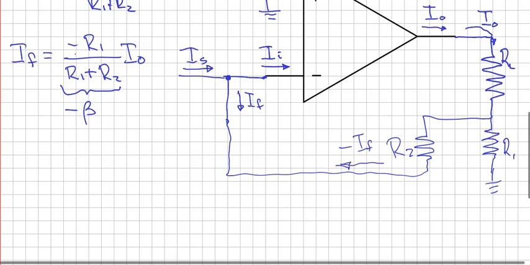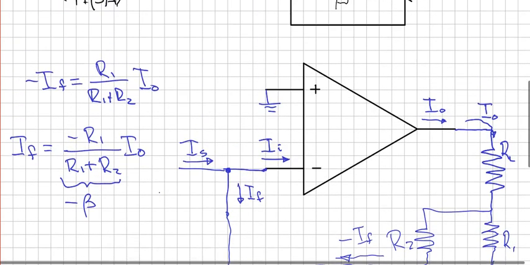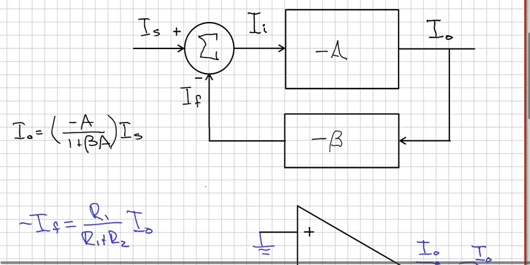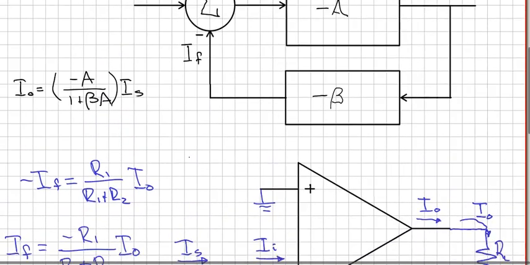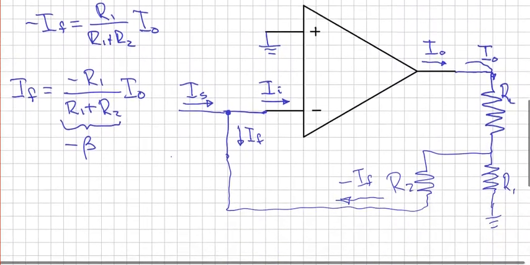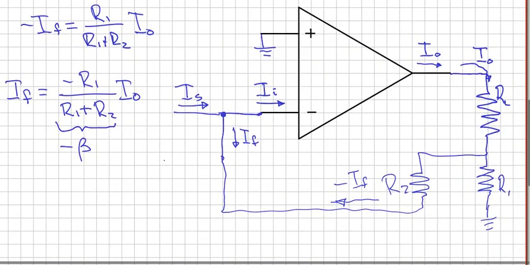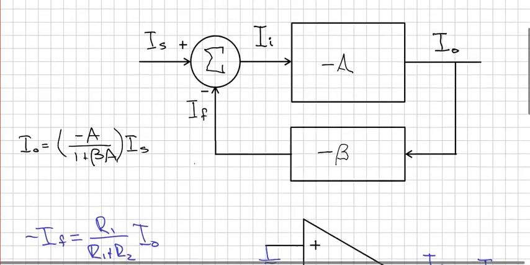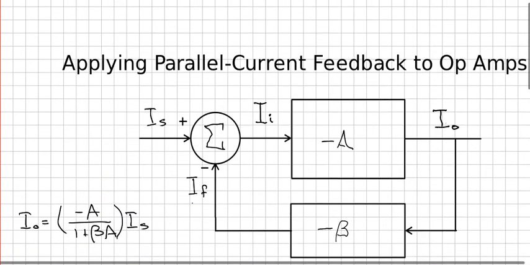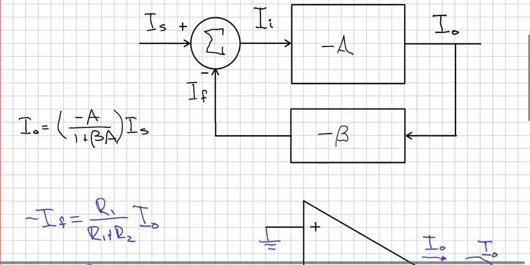So we've in effect created with our circuit the same diagram that is given up above, the diagram we started with. So that's how you implement current feedback on an operational amplifier, and this is called parallel current feedback. It's parallel because the input has to be parallel.